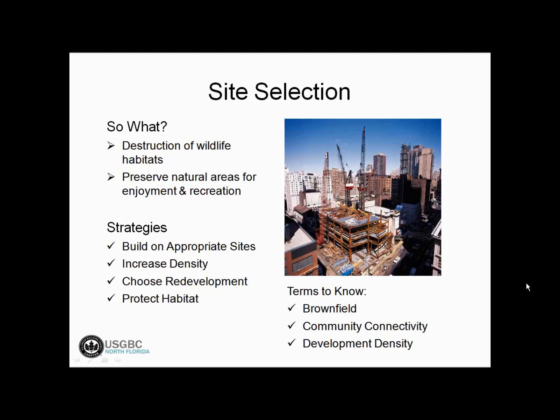So, why do we care? Well, obviously, if we can avoid it, we don't want to tear down virgin, pristine greenland sites. We want to protect those and build in already developed, populated areas that already have services and infrastructure. So, you pick the most appropriate site you can.